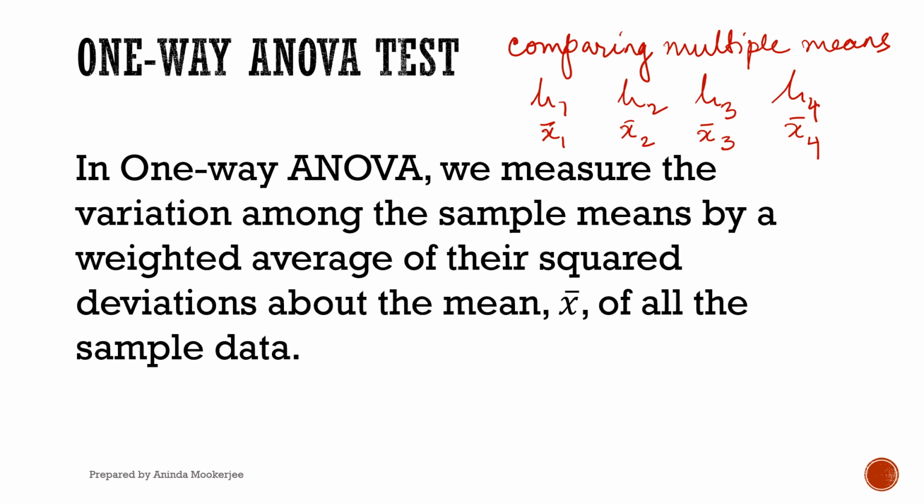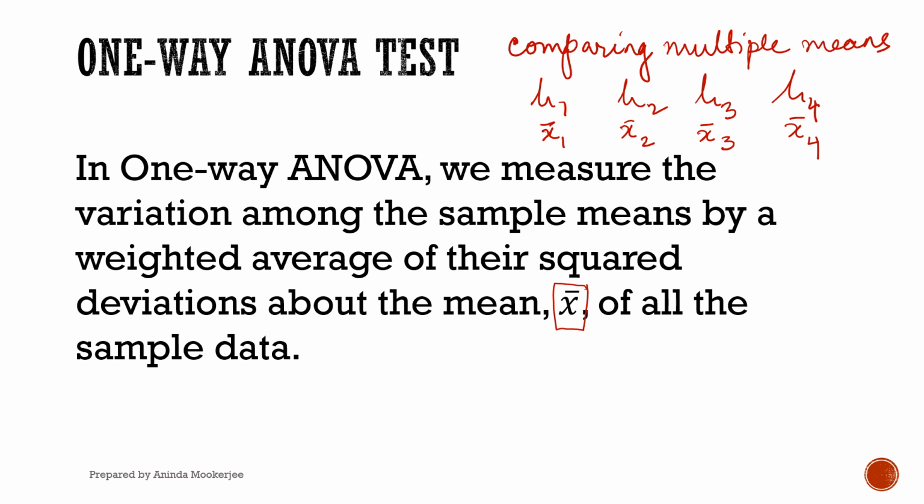And we are going to compare each of these sample means with each other, but we are going to look at the variation by a weighted average of their squared deviations about the mean x bar.